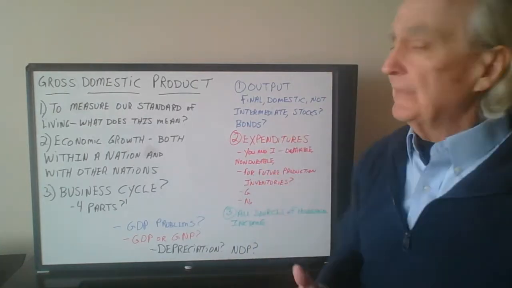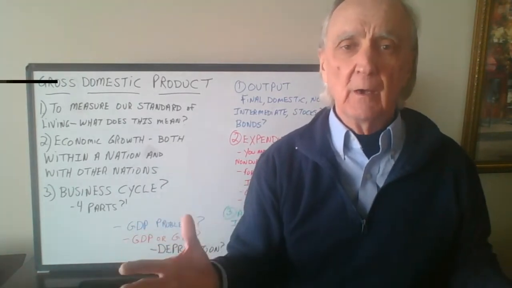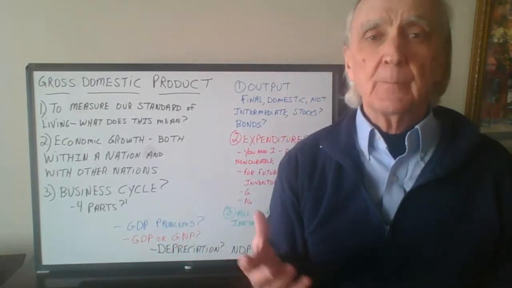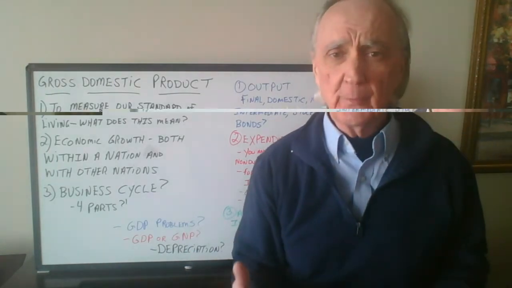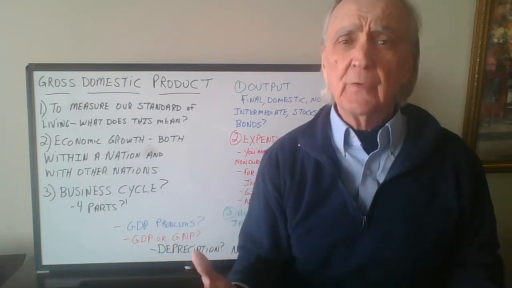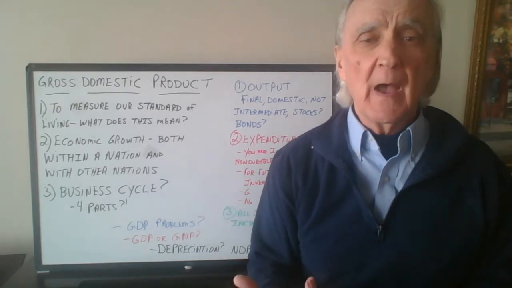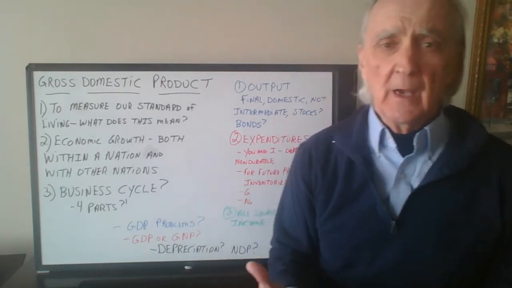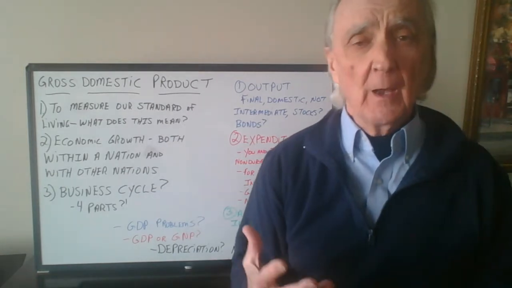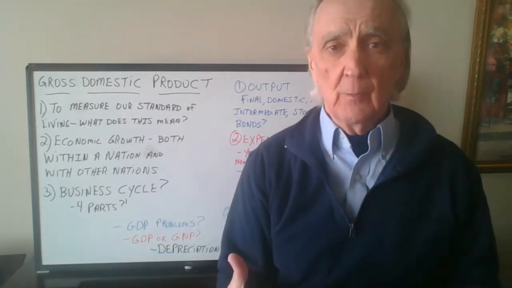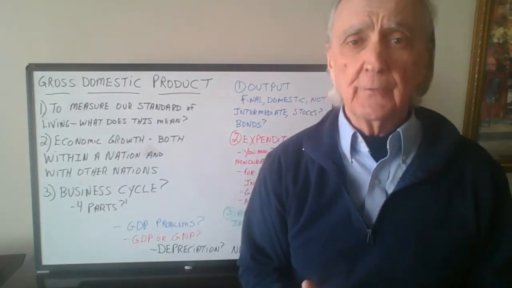The second one is expenditures, total expenditures from every part of the economy. So that would be, you know, Y equals C plus I plus G plus exports minus imports. So C, number one, consumers, you and I. And what do we buy? Well, we typically buy durable and non-durable goods. And the difference between them is that durable goods are exactly what they say they are. They last a number of years, all right?